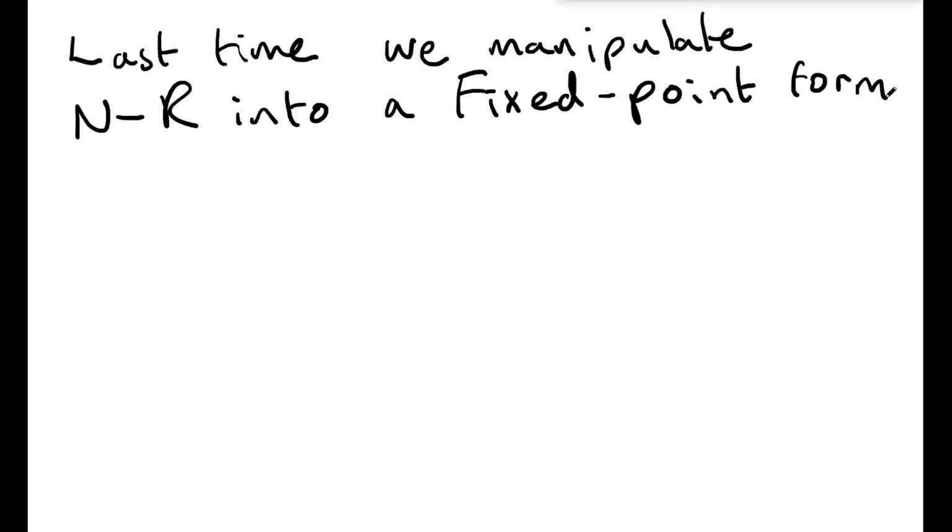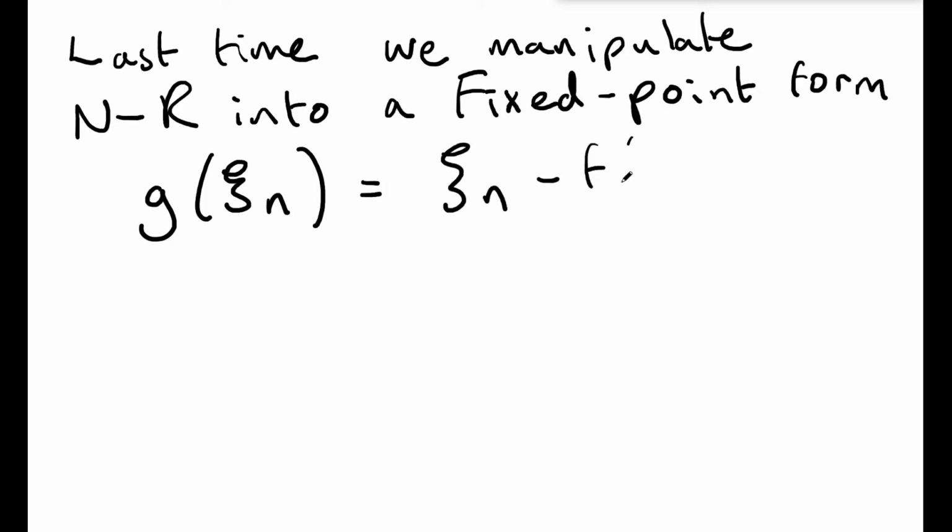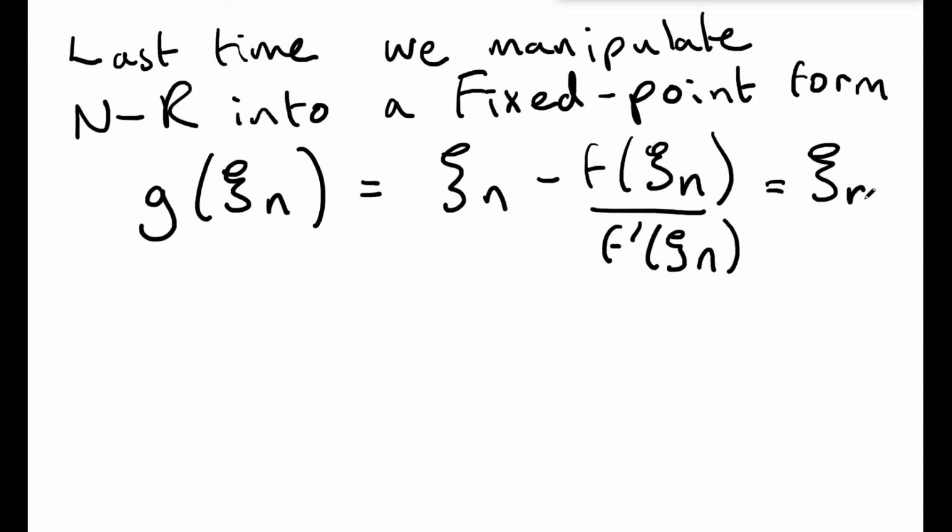We want to use that by squeezing Newton-Raphson into that shape. Of course, it's not the same algorithm, but this is the way it goes. So what we found is that g(psi_n) equals psi_n minus f(psi_n) over f prime(psi_n), and psi_n at the root is a fixed point.